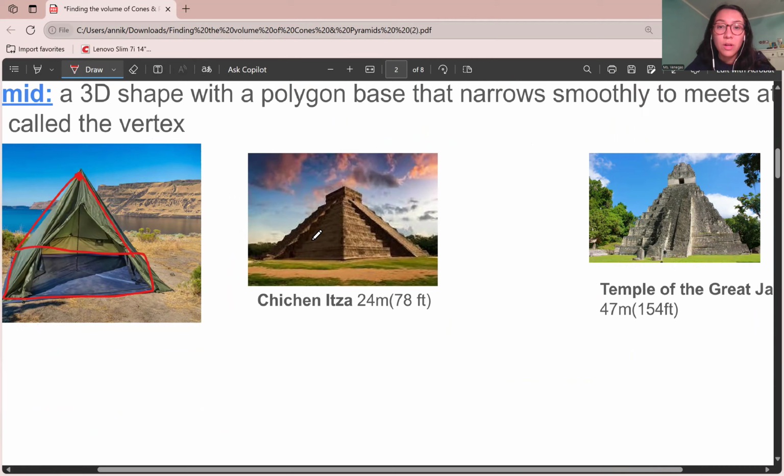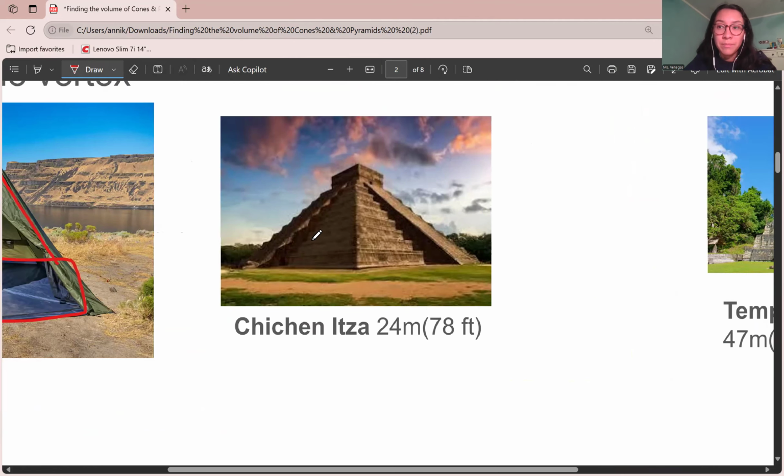This is an example of a historical monument in Mexico. It's called Chichen Itza. It is a Mayan pyramid built a really long time ago, and it's 24 meters, which is 78 feet tall. It's super big, but it actually does have a rectangular base, and it does meet at the top.